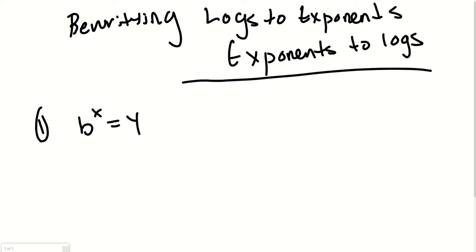That's equivalent to writing it as log base of the base, our solution is equal to our exponent. So we have the base, and the exponent x equal to some solution, which is the same as rewriting it to log base of the base equal to the solution is equal to the exponent.